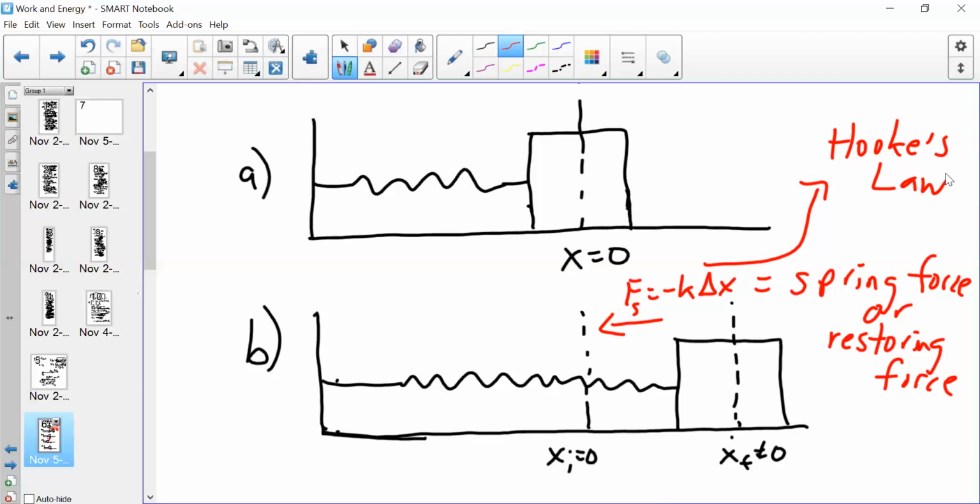So in step 1, or letter A, this is an example of simple harmonic motion, which we'll take care of in chapter 15. On the number line, or the unit circle, this mass here at x equals 0 would represent angle theta equals 0, the starting position. If you imagine the x-axis here, this is 0, this is 90, 180, 270, 360, right? Periodic.